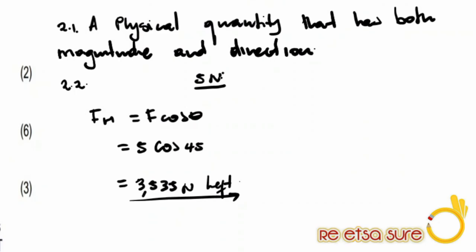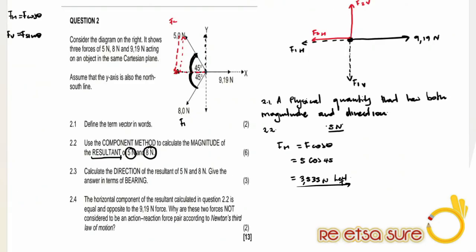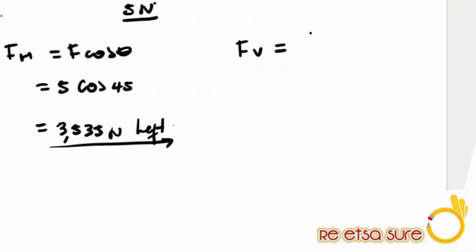Okay, I am on my 5 Newton force. Let me determine the FV. The FV for this one must be F sin theta. And then what is the value of F? The value of F is 5.